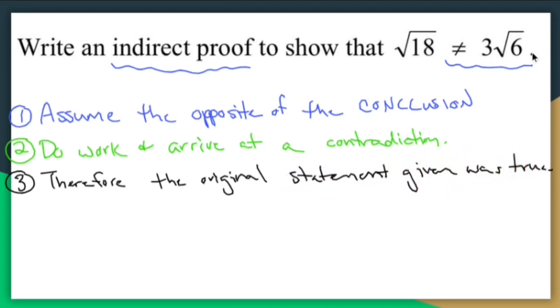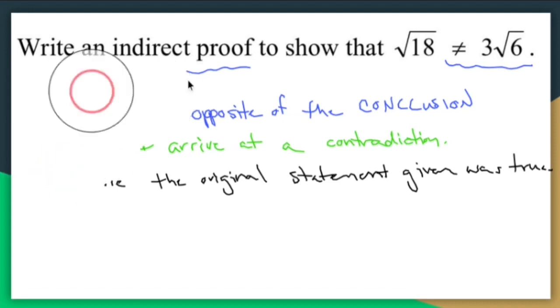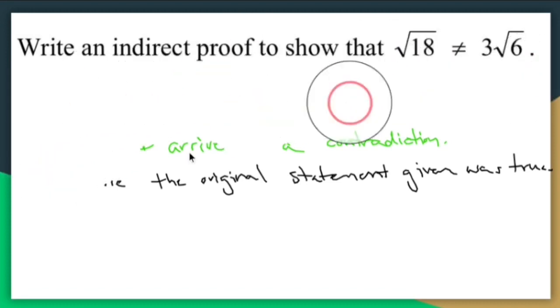Okay? So one more time, we're going to assume the opposite of this. We're going to do some math and find out that that's not right, which means if the math doesn't work out, they can't be equal. Therefore, this can't equal that. So let's give it the old college try.